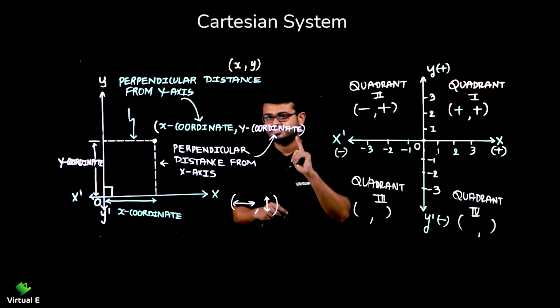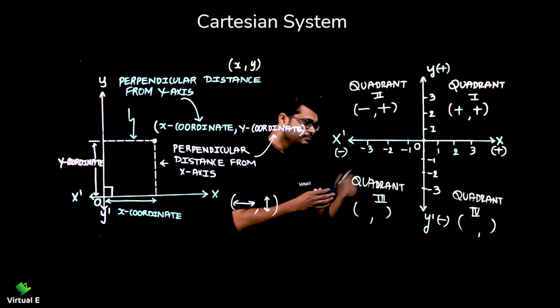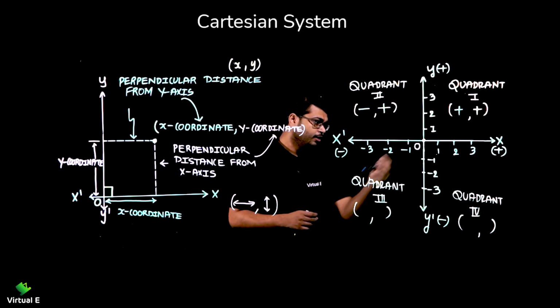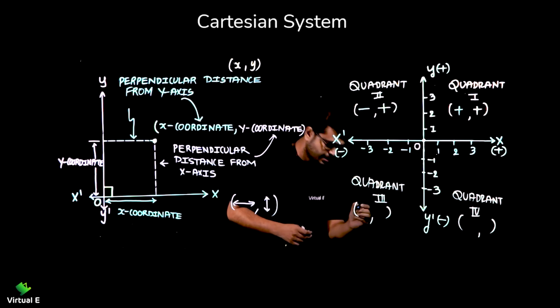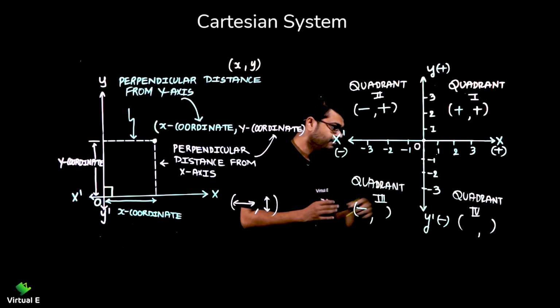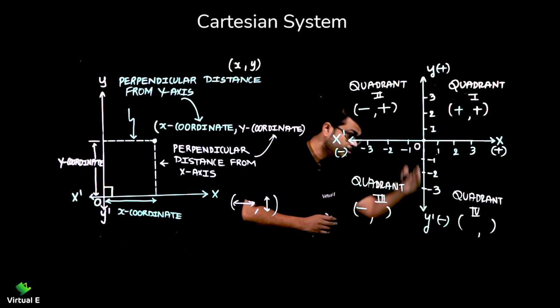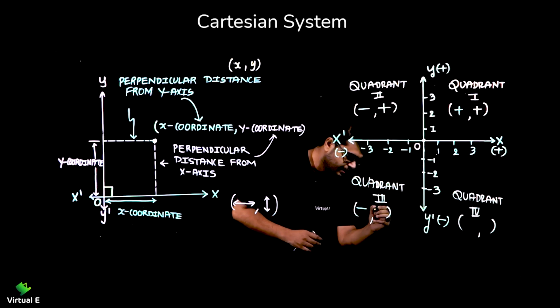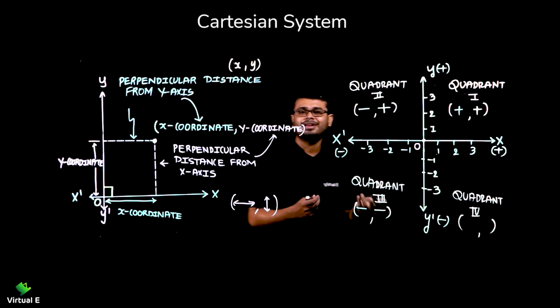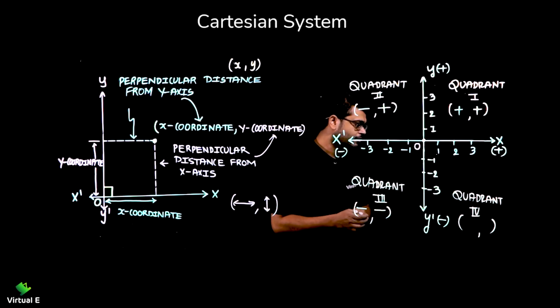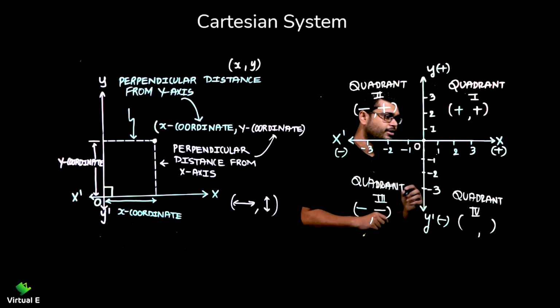Remember, x always first. Then come to quadrant number 3. In quadrant number 3, we have x negative. And what about the y? See, y is this one, that is negative, right? So both of them are negative. And let's talk about the last quadrant, quadrant number 4.